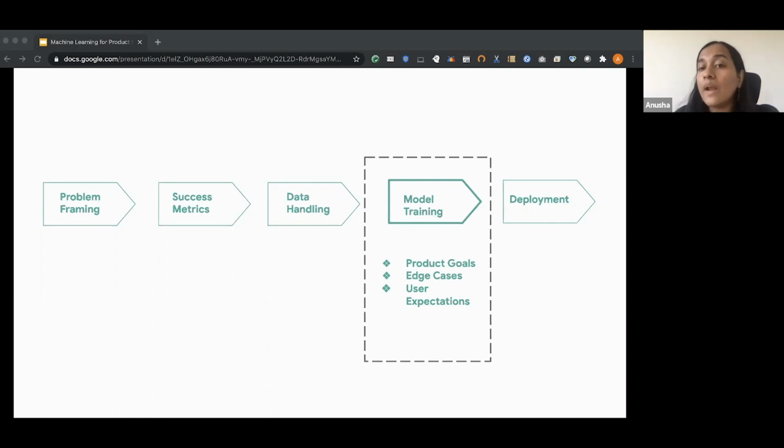As a PM, you can provide the user's perspective into this step as you work with your engineers or data scientists who train the model. You can help interpret the ML output to ensure that it's aligned with the product goals and user needs. You can help the team think about aspects like what challenges will we encounter if it's not possible to know why the model predicted something?